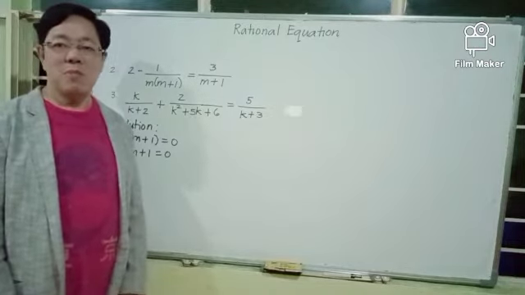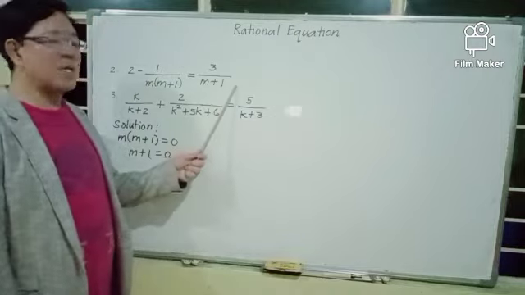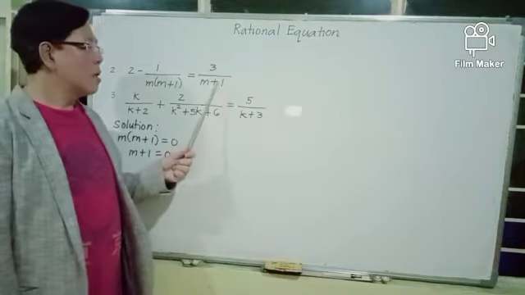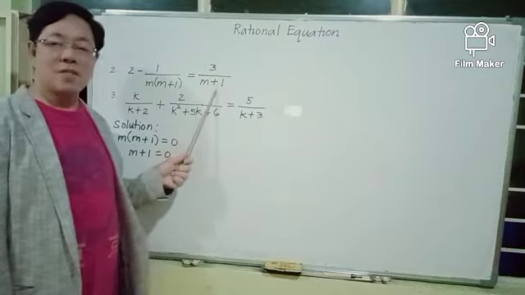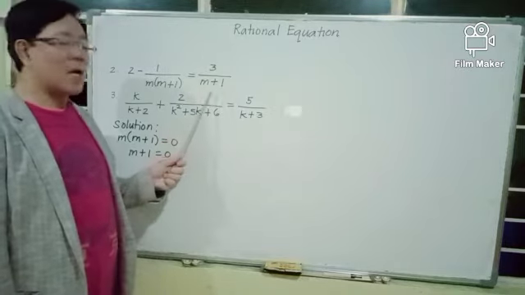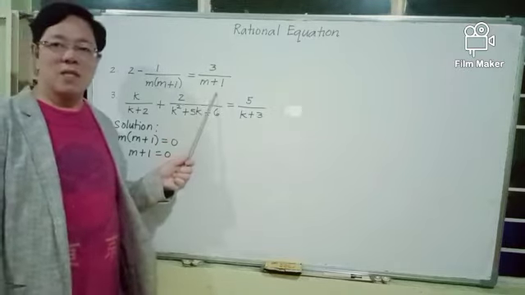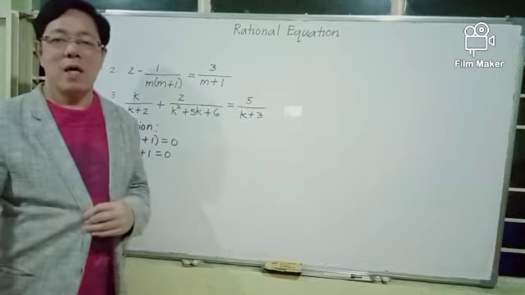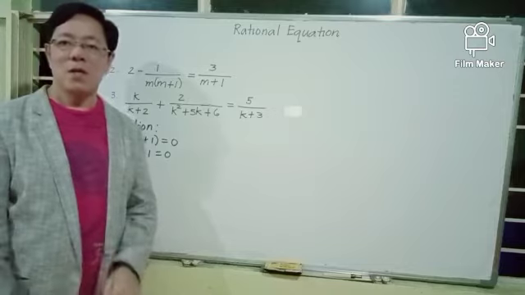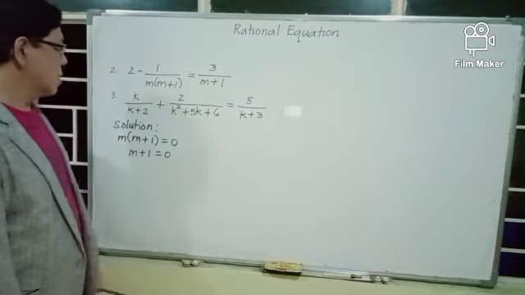And that's what you do before you begin solving a rational equation. Look for the values of the variable that will make the denominator 0, and so the rational expression undefined. And when you get these values of the variables at the end of the solution, you reject these values and you call them extraneous solution.